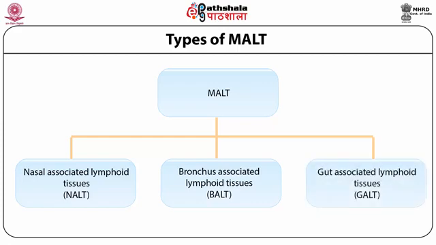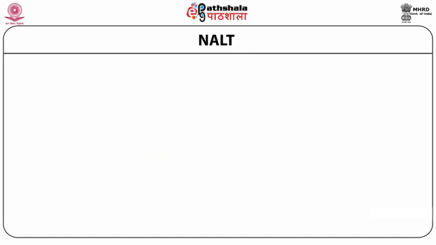GALT stands for gut associated lymphoid tissues. Hence, MALT is associated with different tissues. Some immunologists believe that these different types of MALT, that is the NALT, BALT and GALT, may be forming an interconnected system. Let us look at the NALT first.